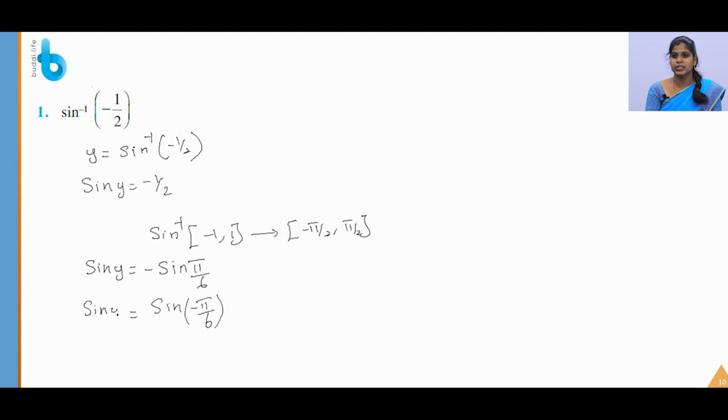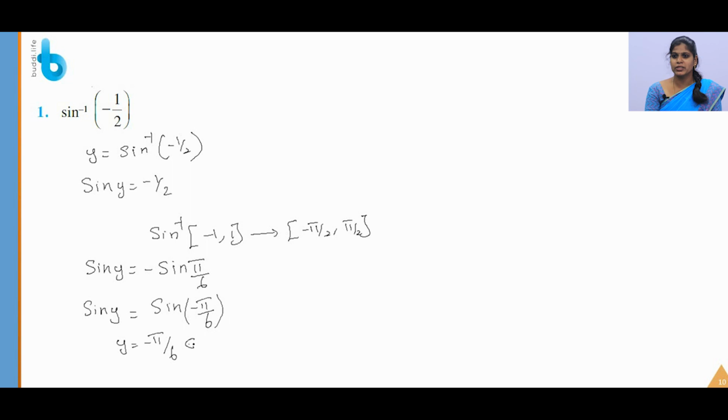So, sine y equal to sine of minus pi by 6. Both sides we have the sine function, but we are not supposed to cancel. Most people used to cancel, but we are not supposed to cancel because it is a function, not a value. So, you will just compare the left hand side and right hand side. Okay. Therefore, y equal to minus pi by 6.